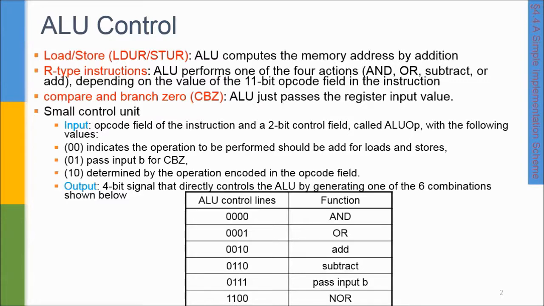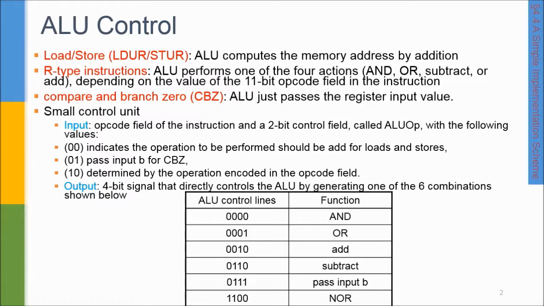We can generate the 4-bit ALU control input using a small control unit that has as inputs the opcode field of the instruction and a 2-bit control field which we call ALU OP. ALU OP indicates whether the operation to be performed should be add, meaning 00, for load and store; pass input B, 01, for CBZ instructions; or be determined by the operation encoded in the opcode field, 10.